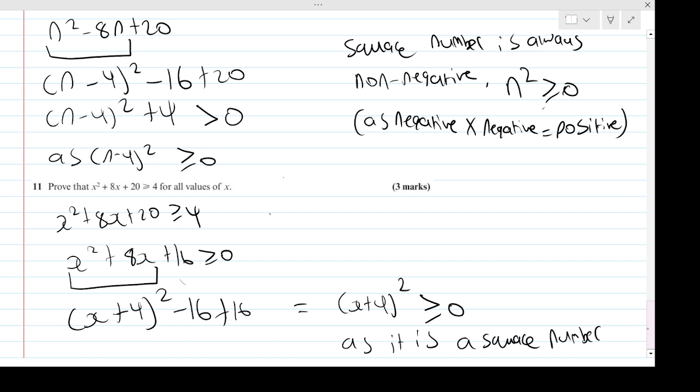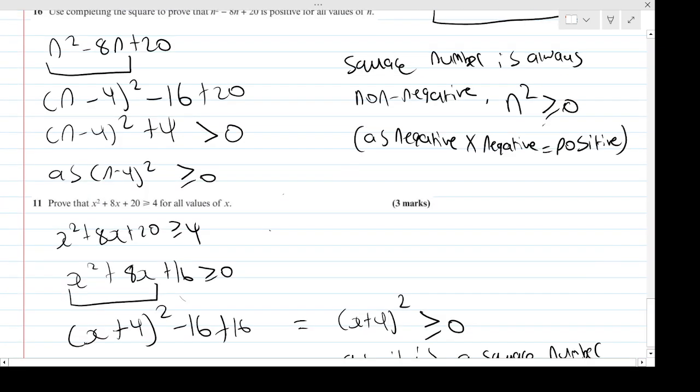So yes, you should bear at the back of your mind that we can use completing the square to prove that a certain quadratic can only be positive, or can only be so large or so small, because of the fact that we have a square number.